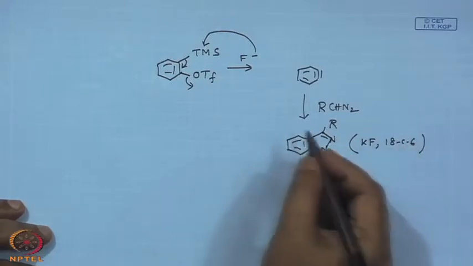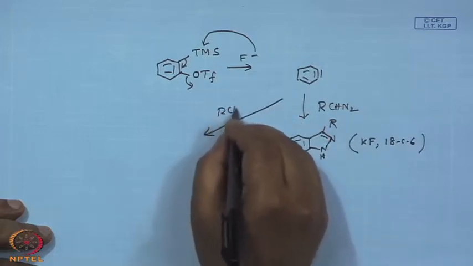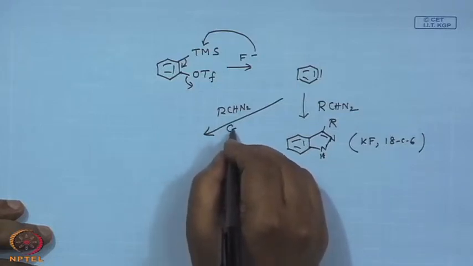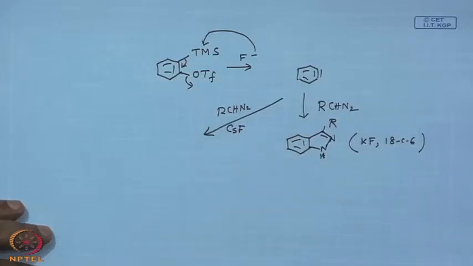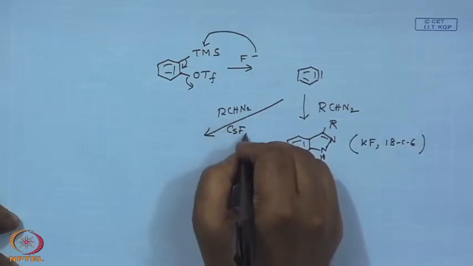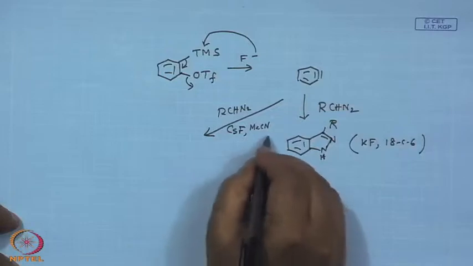Okay. But if you have the same kind of substrate, but the reagent is a little different, this is cesium fluoride, which is supposed to generate a more nucleophilic carbanion, and the other condition is methyl cyanide, that is acetonitrile, and room temperature.